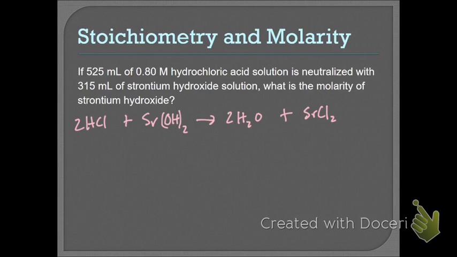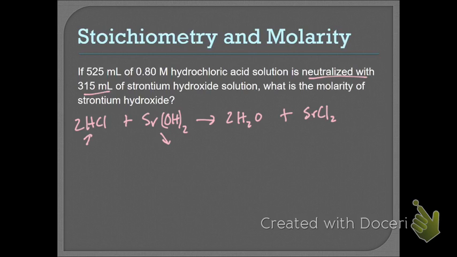So 525 milliliters of 0.80 hydrochloric acid is used to neutralize 315 milliliters of strontium hydroxide. So we have to figure out the molarity of this. So we're starting with the hydrochloric acid, and ultimately we want to figure out the molarity of the strontium hydroxide.